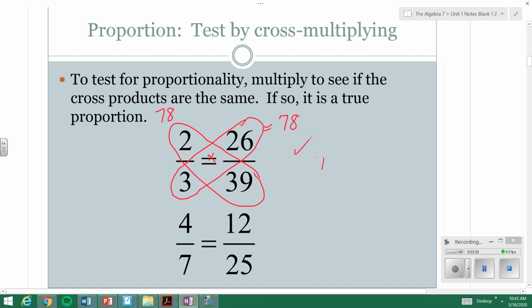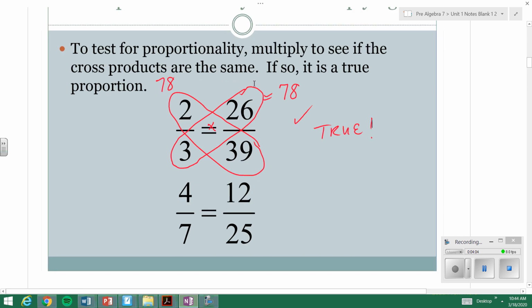So this one is a true proportion, meaning that 2 to 3, or 2/3, is an equivalent fraction to 26 over 39. You probably knew that by just simply looking at it. But this cross products phenomenon is going to become very handy to us very soon when we do a little algebra here. Let's check the next one.